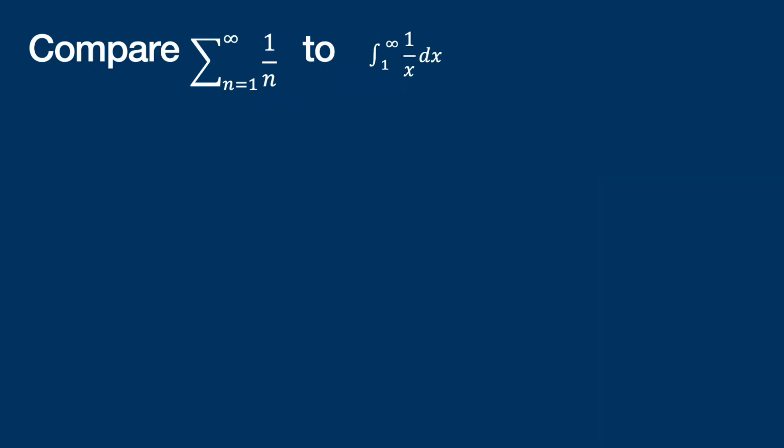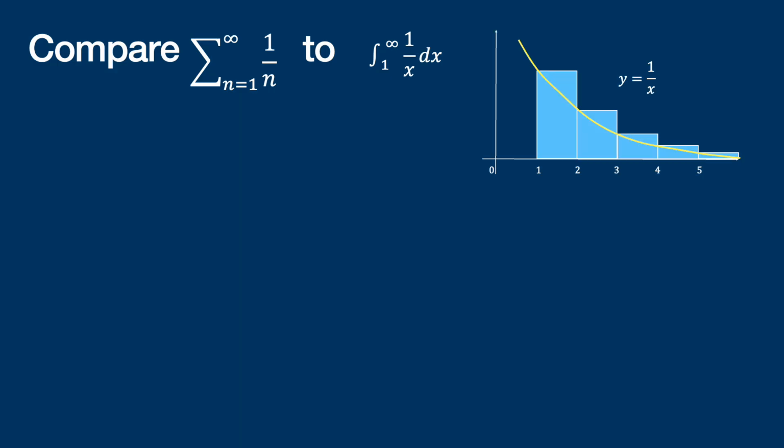Now let's compare the series and the improper integral right there, guys. Look at this. We know the sum of the infinite series represents the total area of the rectangles, right here. This one represents the improper integral, the area under the curve from 1 to infinity.